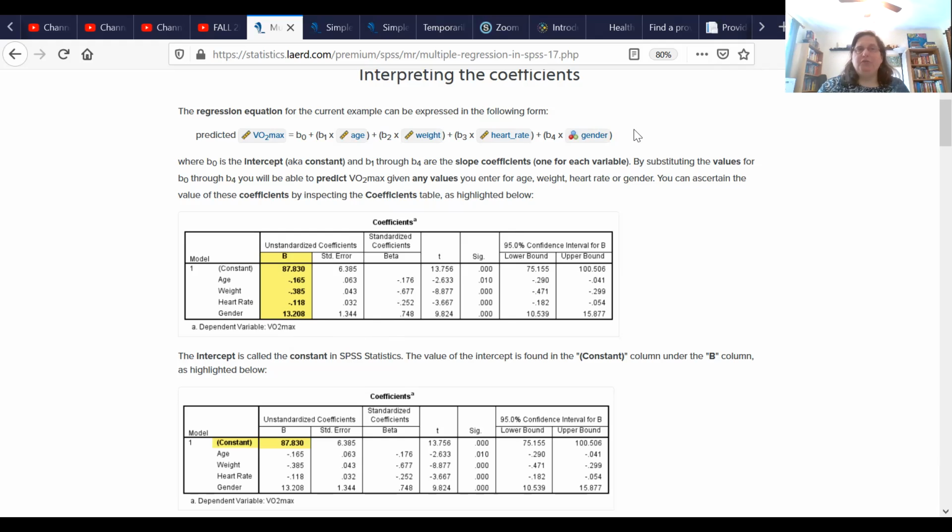And gender, remember, is either 0 or 1. So if it's 0, anything times 0 is 0, right? That'll just go away. If it's 1, it'll stay at 13.208.